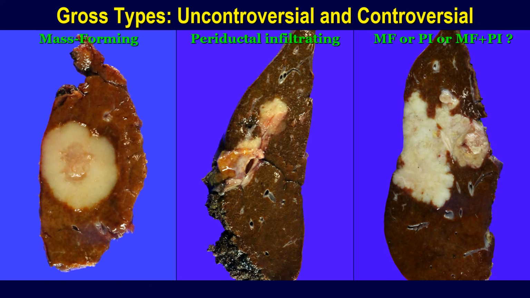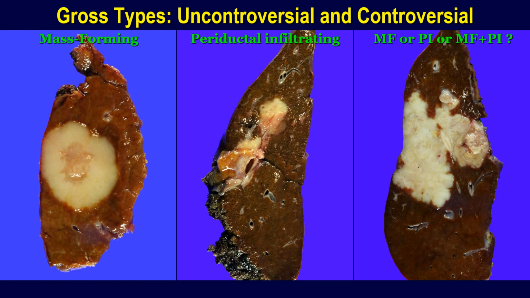Here we see uncontroversial and controversial cases of growth types. The lesions on your left and middle show uncontroversial cases of mass-forming and periductal infiltrating type respectively. However, the lesion on your right side may be controversially interpreted as mass-forming, periductal infiltrating, or mixed type according to the readers.